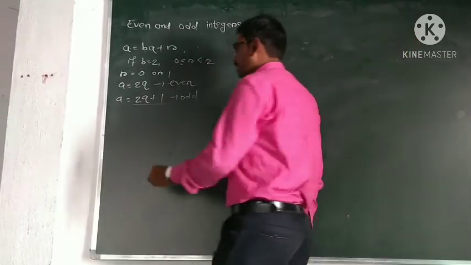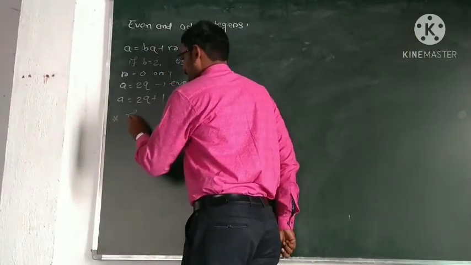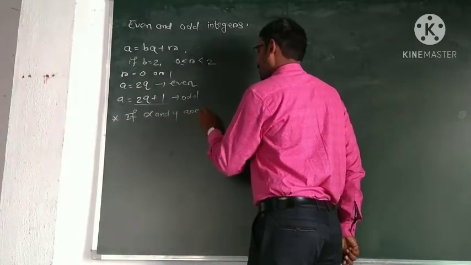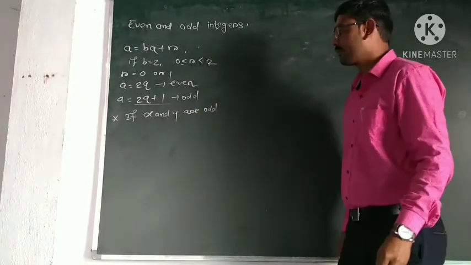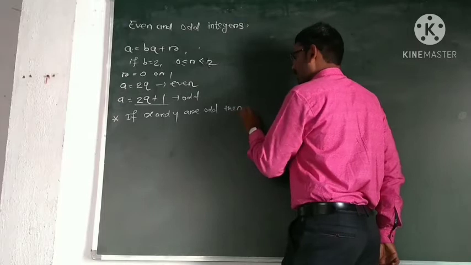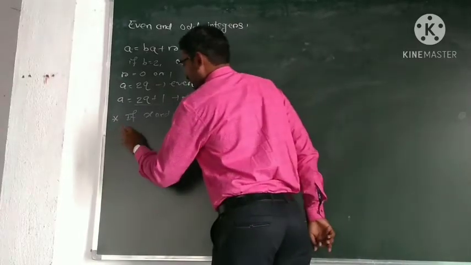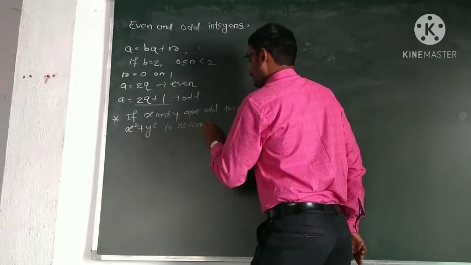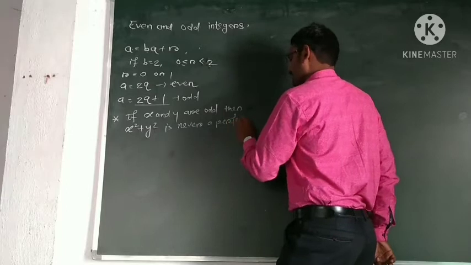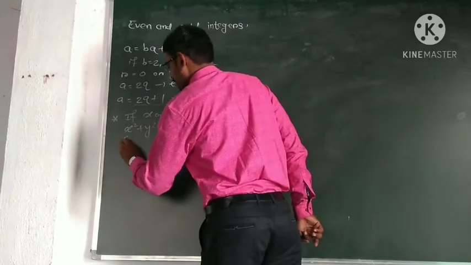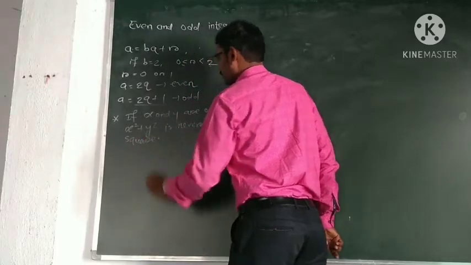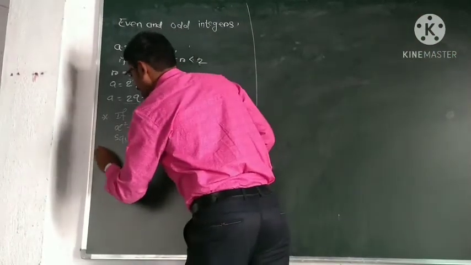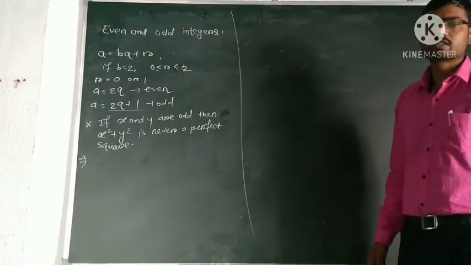The statement is: if x and y are odd integers, then x square plus y square is never a perfect square.